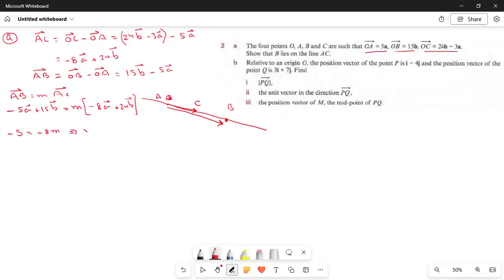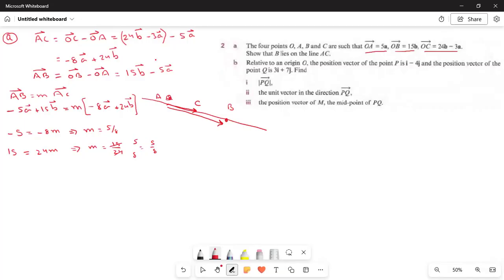So m should be equal to 5 by 8. Let's see if I have the same ratio in the second case. The coefficient of B, 15, equals 24m. Again, m is equal to 15 over 24. So 3 5s are 15 and 3 8s are 24. So we get the same ratio again, 5 by 8.